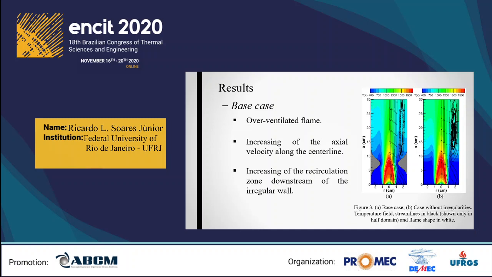Besides the change in the radial velocity that affects the flame upstream of the irregularity peak, an increase of the axial velocity along the center line is also observed, due to a reduction in the transversal area imposed by the irregular wall. An increase in the recirculation zone downstream of the irregular wall peak is also observed due to the wall irregularity that induced the flow separation.